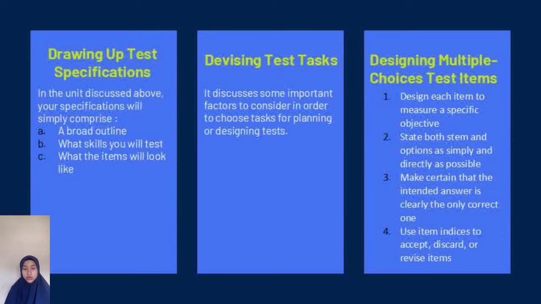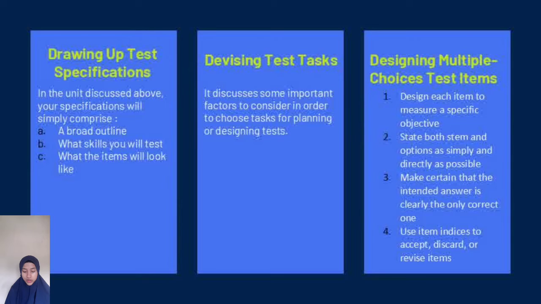It discusses some important factors to consider in order to choose tasks for planning or designing tests. But before writing, you have to write your first draft of each test item and ask yourself some important questions. For example, is the difficulty of each item appropriate for your students?